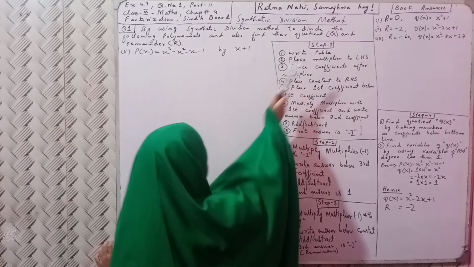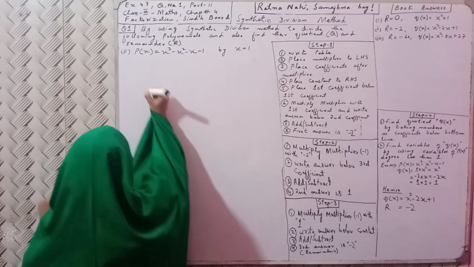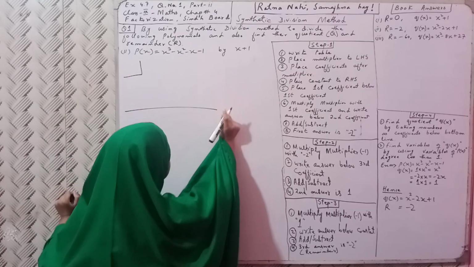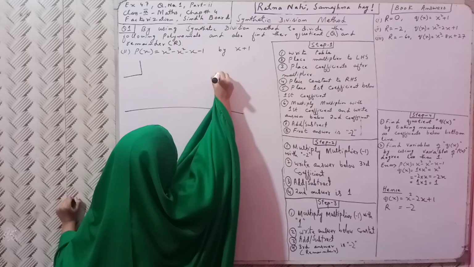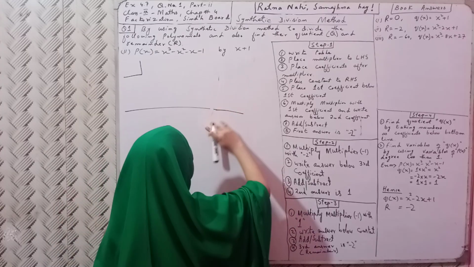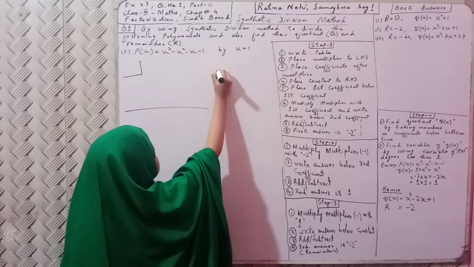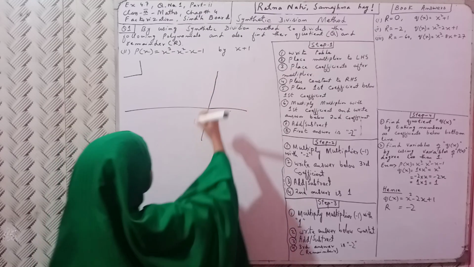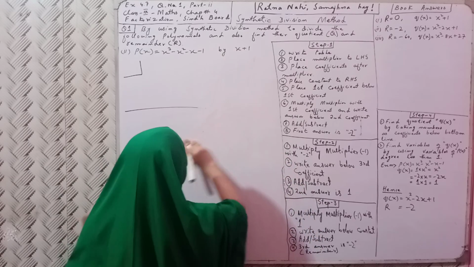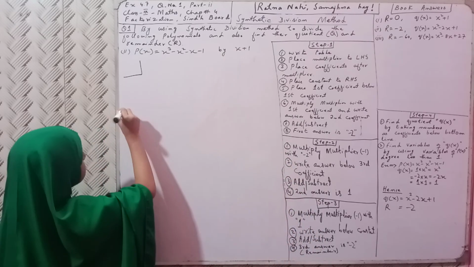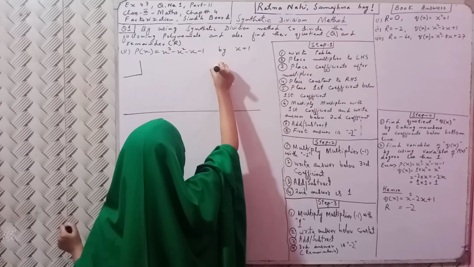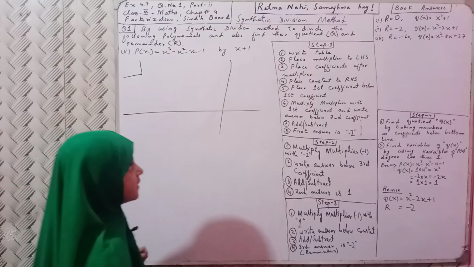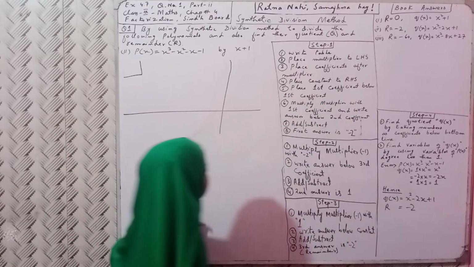The first step is to write the table. Done this. Now, second, place the multiplier on the left hand side.